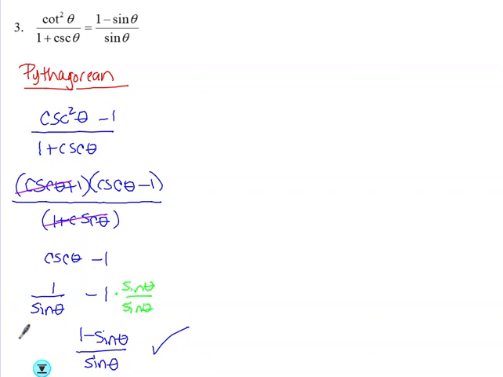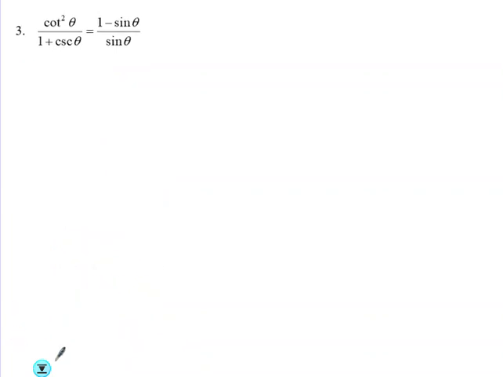But that's not the only way I could do this problem. So let's look at the same problem, and I'm going to show you how to do this using conjugates. So I'm going to start by multiplying the left-hand side by the conjugate 1 minus cosecant theta.